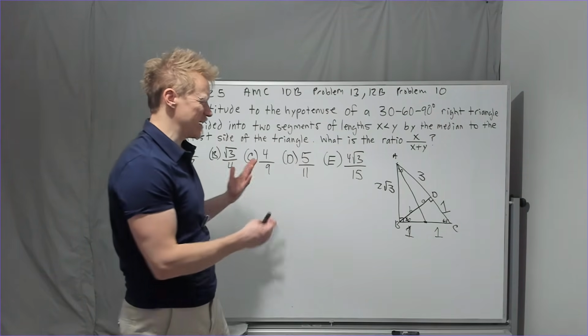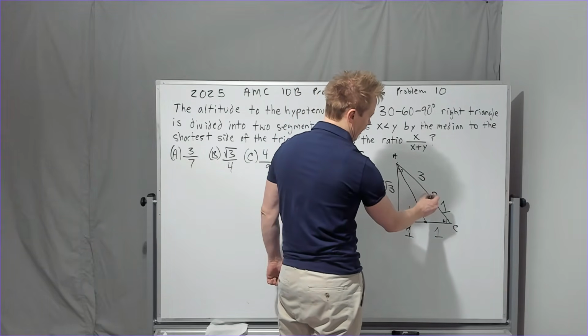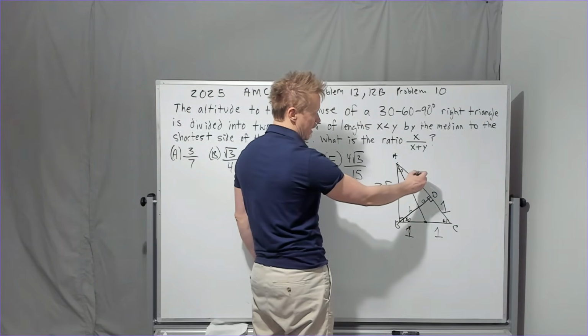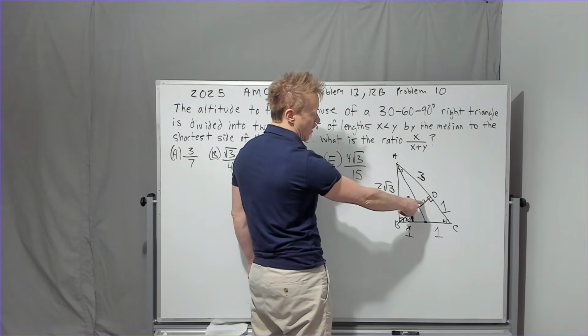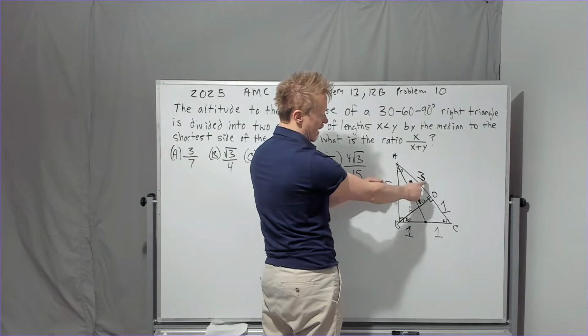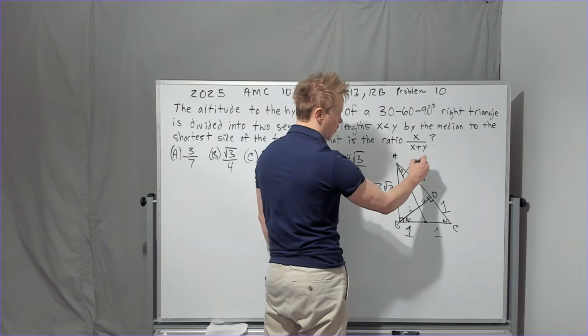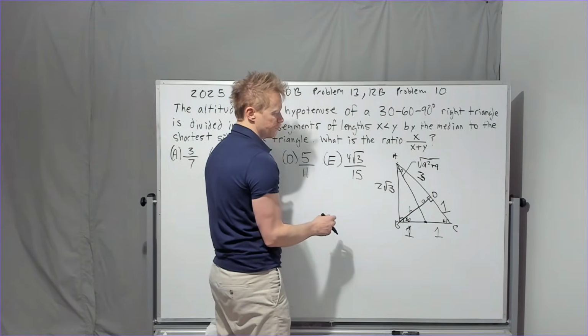But you kind of try some things out. You're like, okay, I've got 90 degrees here, and I know this is 3. I even went so far as to try, I'll write this piece right here in terms of a and 3. It'd be the square root of a squared plus 9.